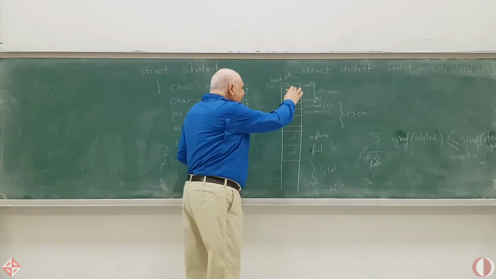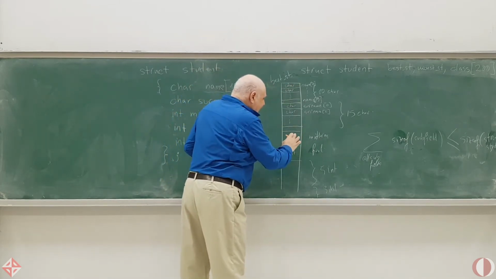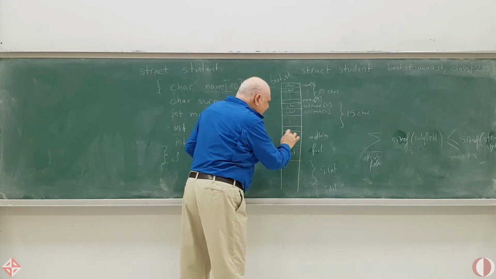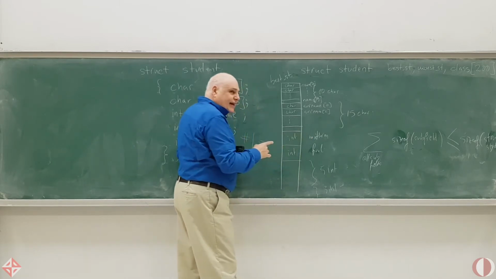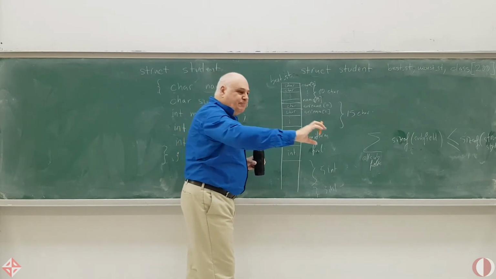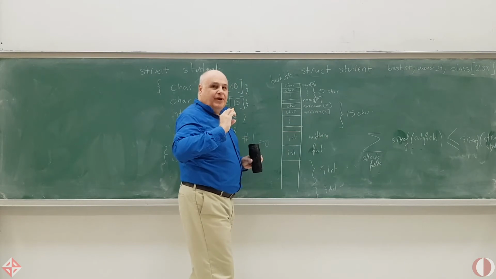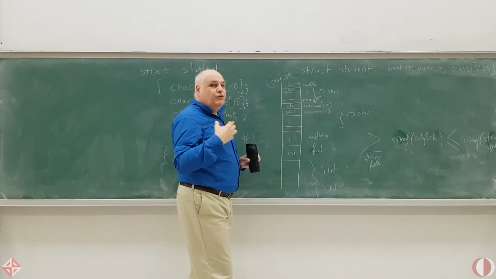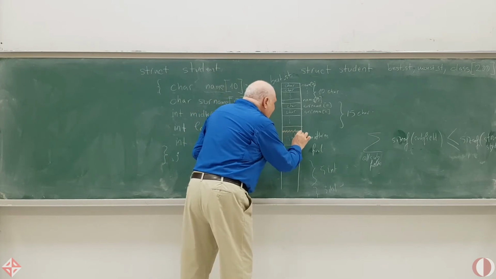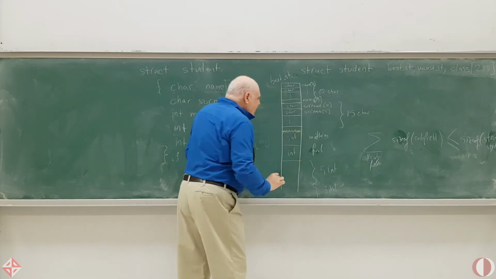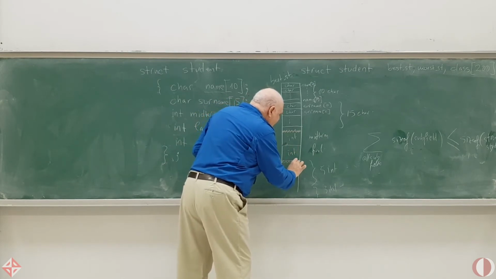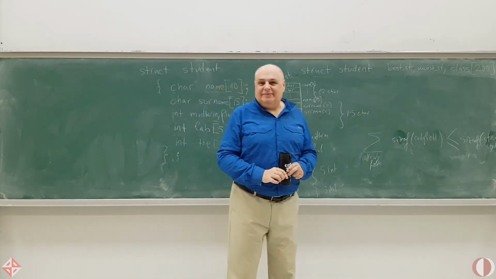So when there is, let's say, an integer sitting in a place where the CPU cannot pick it from, then it inserts here some extra bytes.